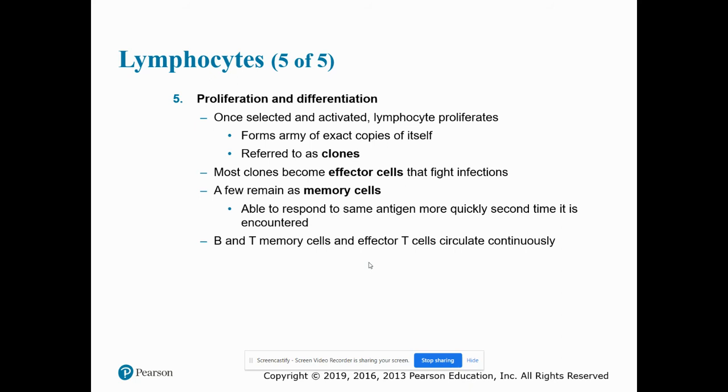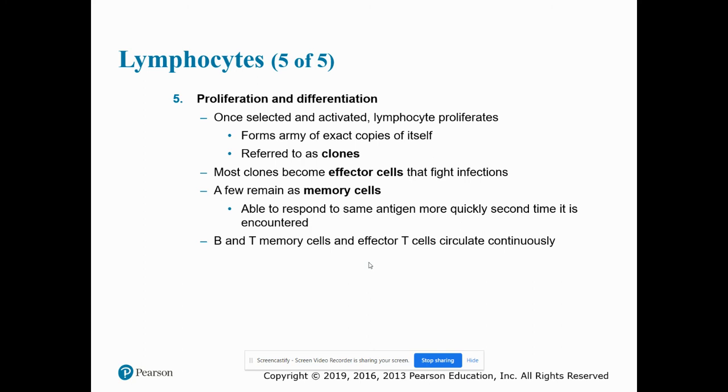Most clones become effector cells. They're going to fight the infection. Some are going to become memory cells, and once they're memory cells, I think I mentioned this earlier, they have the ability to respond to that same antigen more quickly whenever it's encountered a second and subsequent times.